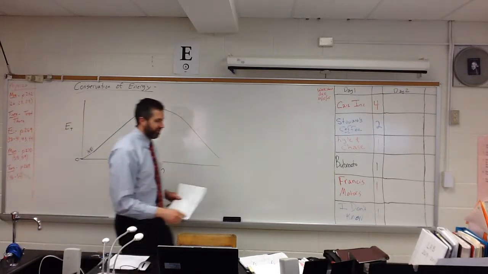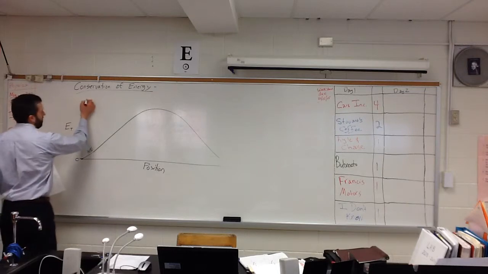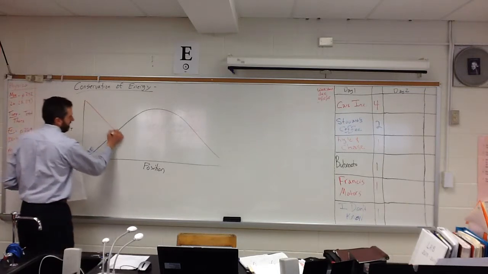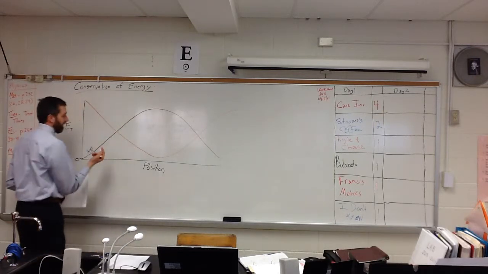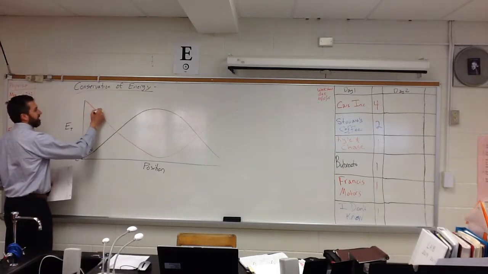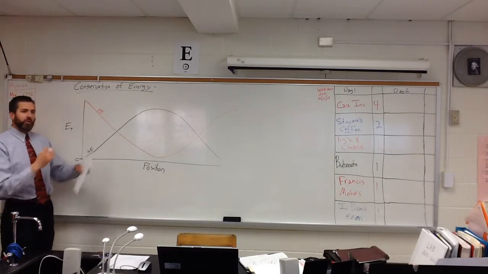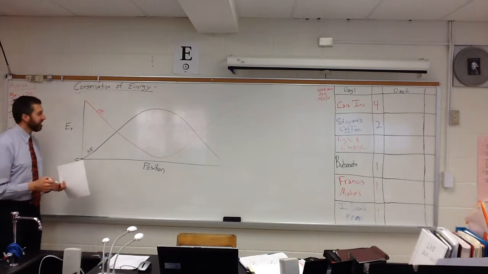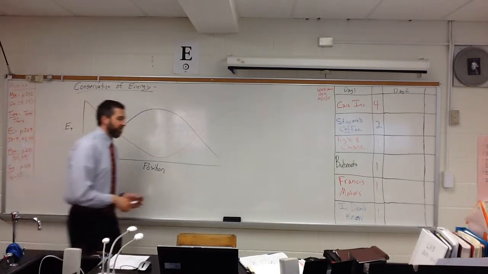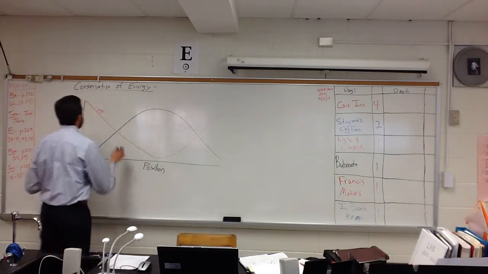Now I can add to this another line, which would go something like this. And this line, this red one, would represent the potential energy. Because we noticed from the picture how they kind of work in opposition to one another, as the one's going up, the other's going down, and vice versa. And the final line that you could add on this picture would actually be a dotted line.